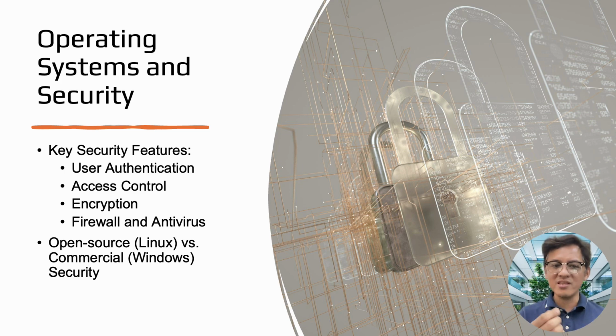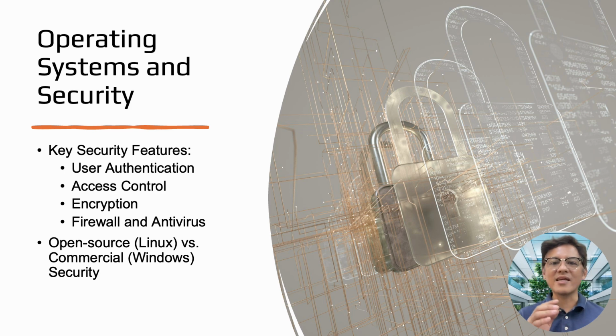For example, you might not have the same permissions as an administrator, and that's intentional. It's a security feature. Another important aspect is encryption, which converts sensitive data into unreadable formats that can only be accessed with the right decryption key. Finally, the OS integrates firewall and antivirus support to block harmful software and manage network traffic.